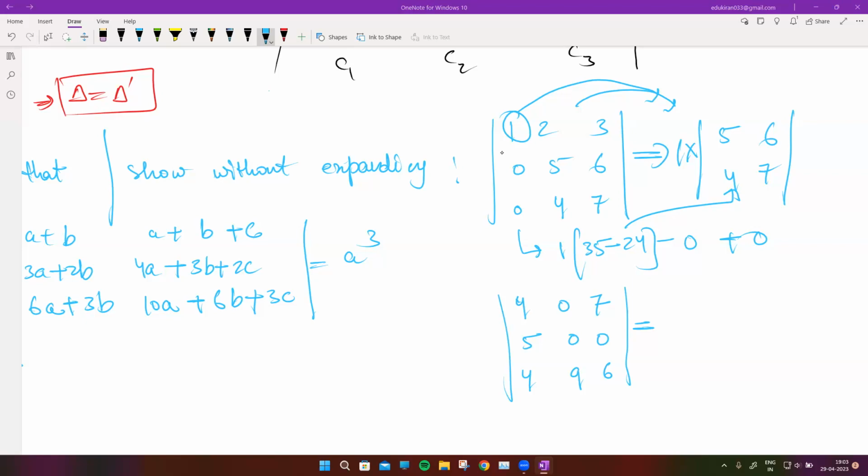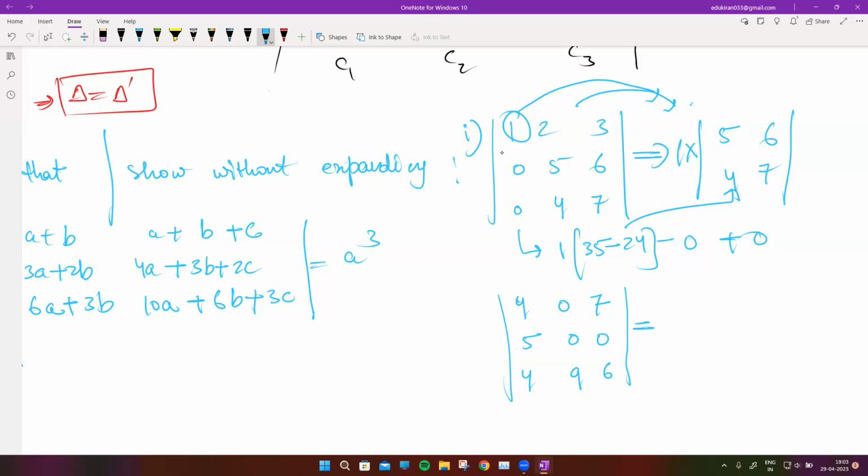If there is any row or any column present in that determinant in which only one element is non-zero. So for example, in the first case, I have this determinant. In this determinant, the first column is the column in which there is only one non-zero element. There are 2 zeros and one non-zero element. So I can reduce this determinant to a simpler form in a simple way.